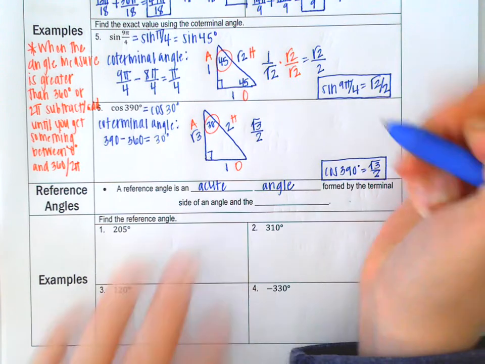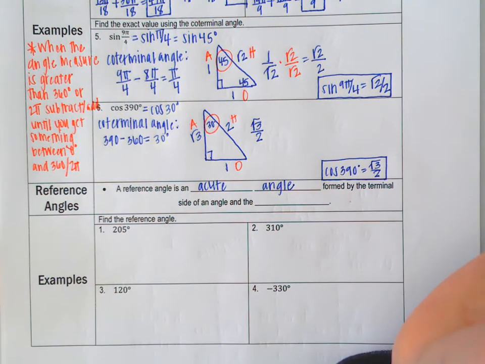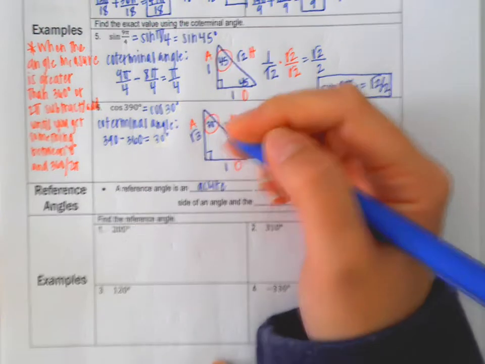Hopefully you're remembering what an acute angle is from geometry. An acute angle means that it's less than 90 degrees. So a reference angle is an acute angle formed by the terminal side of an angle and the x-axis.